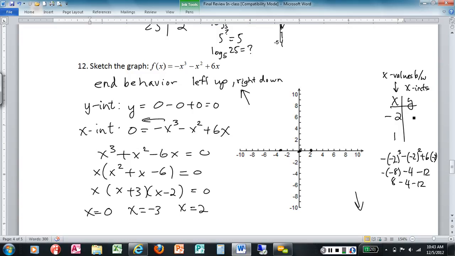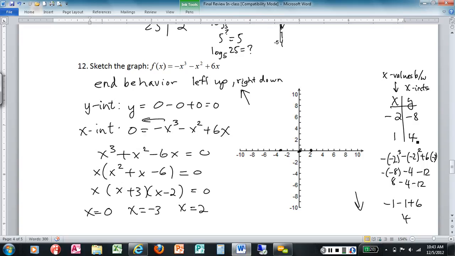Is that right? Then if x is 1, I'll have negative 1 cubed, negative 1, and then minus 1 squared is negative 1, and then plus 6 times 1 is 6. Hey, that's positive 4. So when x is 1, y is positive 4.